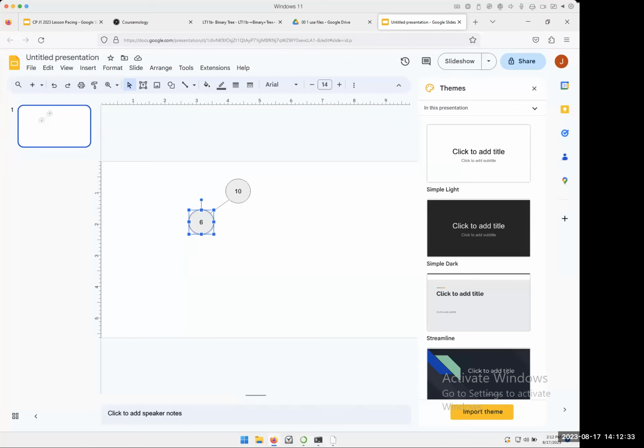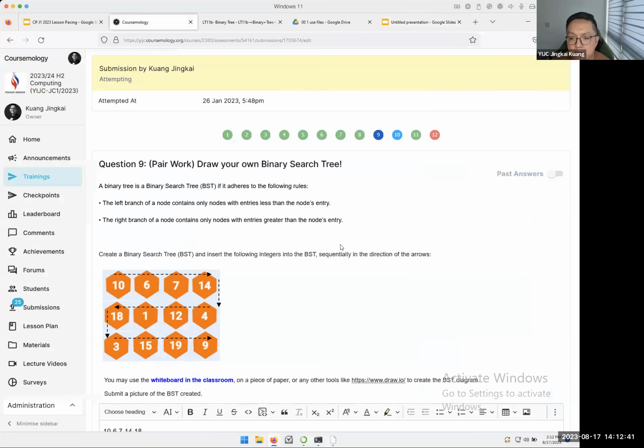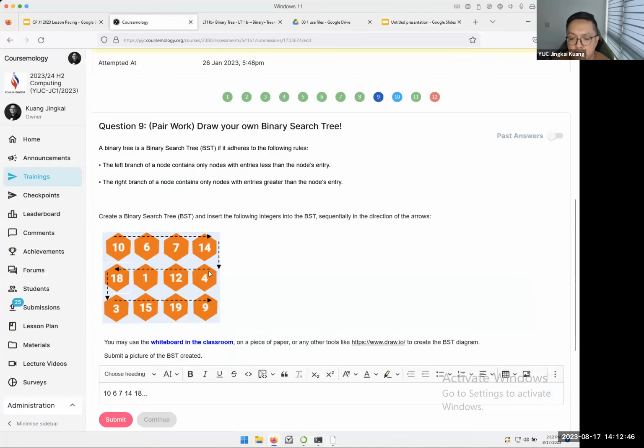For question 9, you only need to ensure that the left side has a value smaller than the right side. So let's say you insert 10, 6, 7, 14, 4, 12, 18 until 3, until 9. Whatever you put in, you always start from the top.